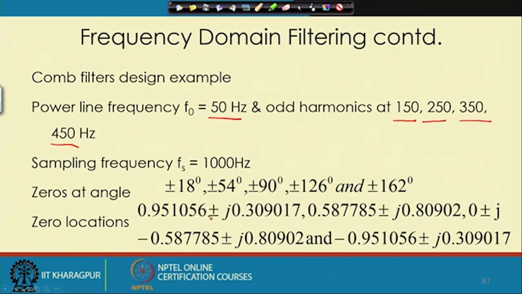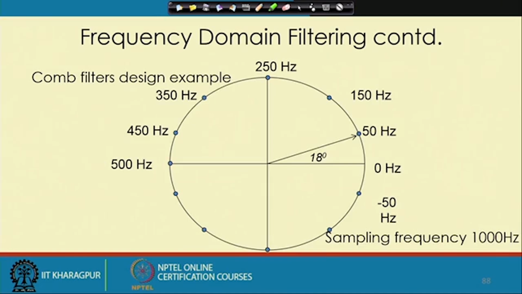Corresponding to these angles we can get the zero locations, which are given here. That is cosine omega plus minus j sin omega, that is the formula. We get the location of the zeros, or we can say zero pairs, because again we need a real filter to efficiently clean a real signal.